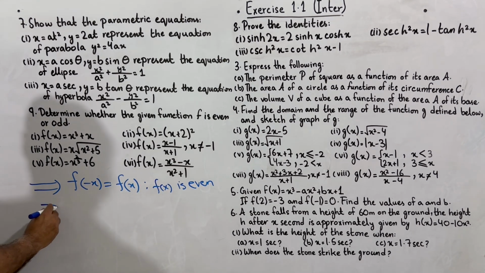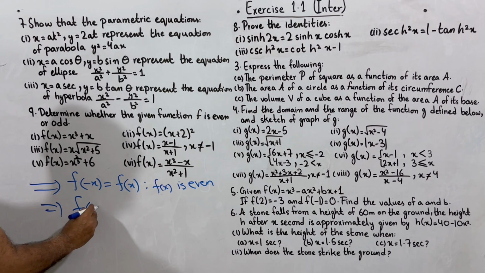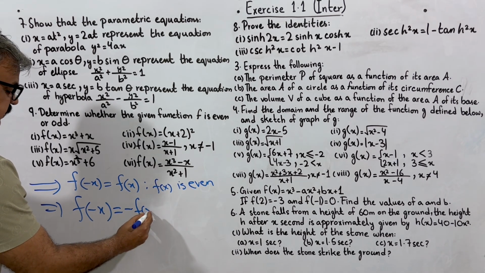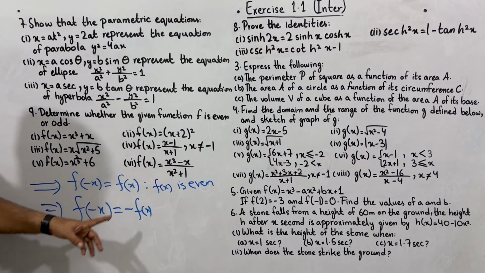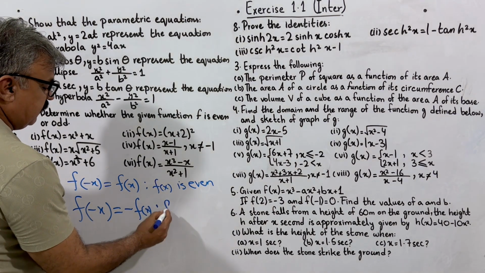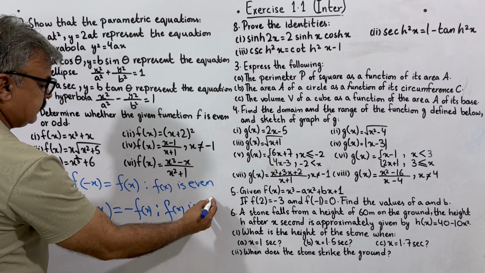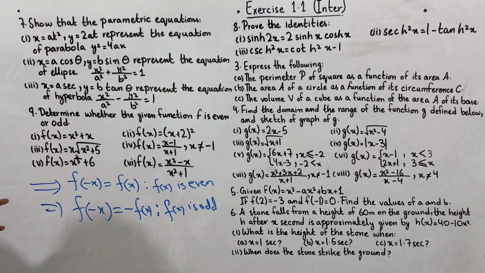While if we replace x by minus x and the symbol of the whole function changes, that is the definition of an odd function, then f of x is odd. Replace x by minus x to check whether it is even or odd.